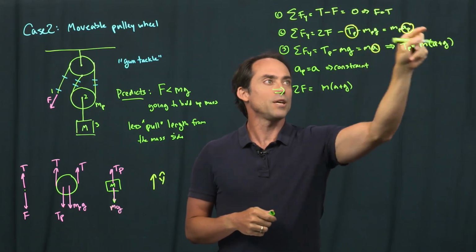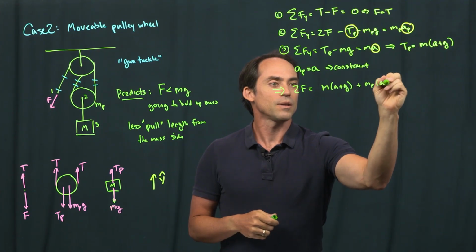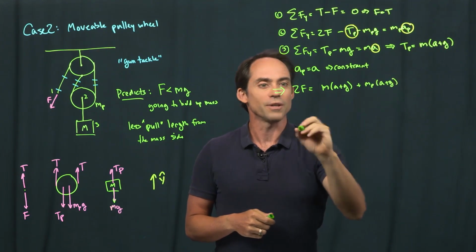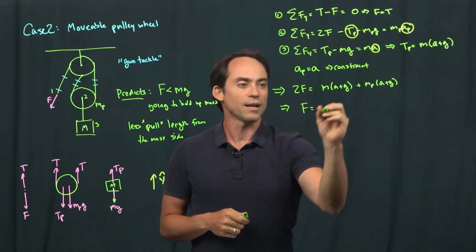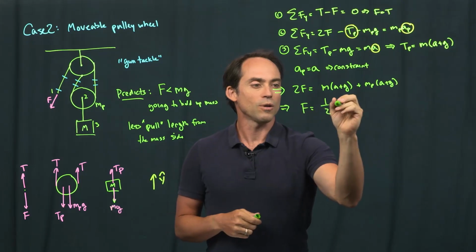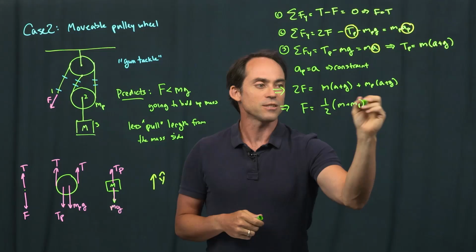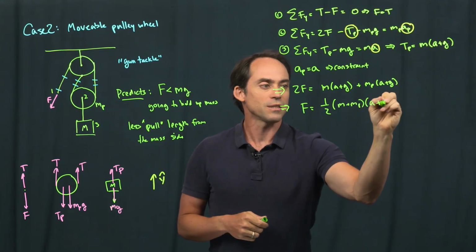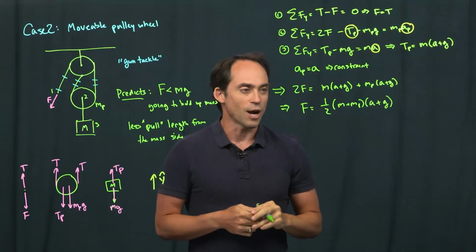And I'm going to move the MPG over, and that's equal to MP times (a plus g). Or writing everything out, the net force that I'm applying is going to support the weight of the mass plus the mass of the pulley times their common acceleration and their acceleration due to gravity.